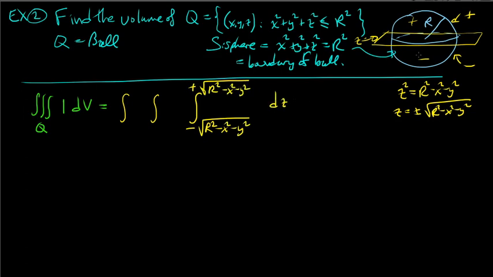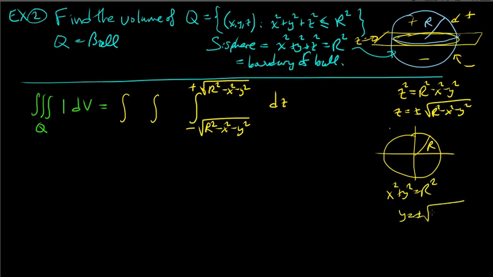And then what is y doing? If you look at the slice here, this is just the equator, the disk of radius r, so x squared plus y squared equals r squared. So y is just going to be plus or minus the square root of r squared minus x squared.